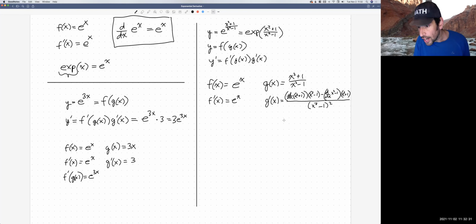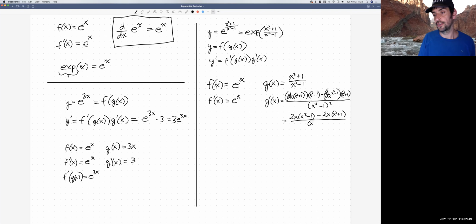All right, so now we can go through and take derivatives. The derivative of x squared plus 1 is 2x times x squared minus 1, minus the derivative of x squared minus 1, which is 2x times x squared plus 1, all over x squared minus 1 squared.